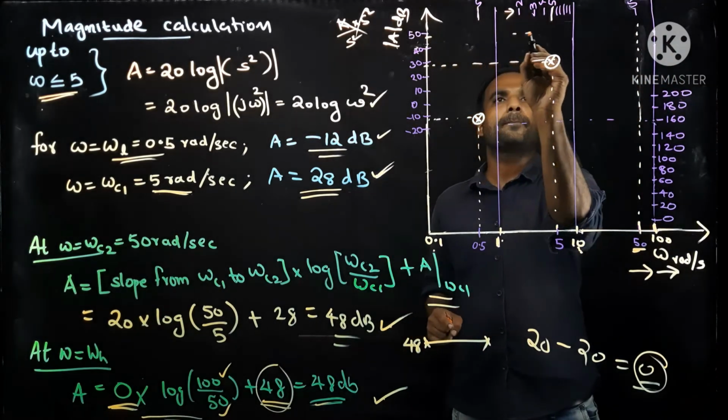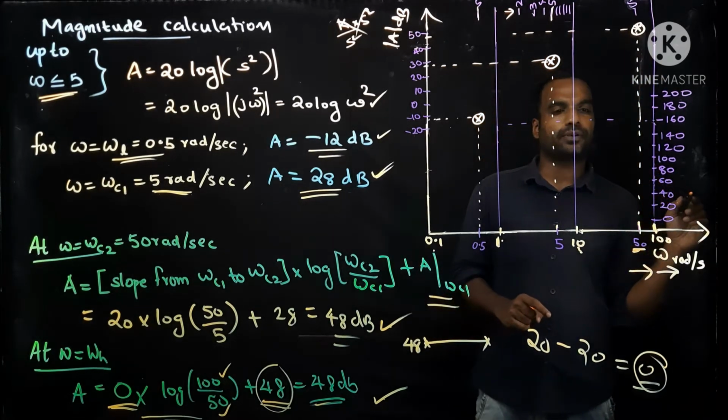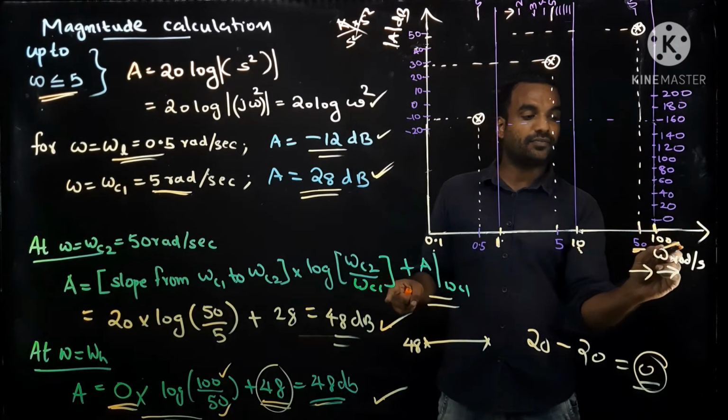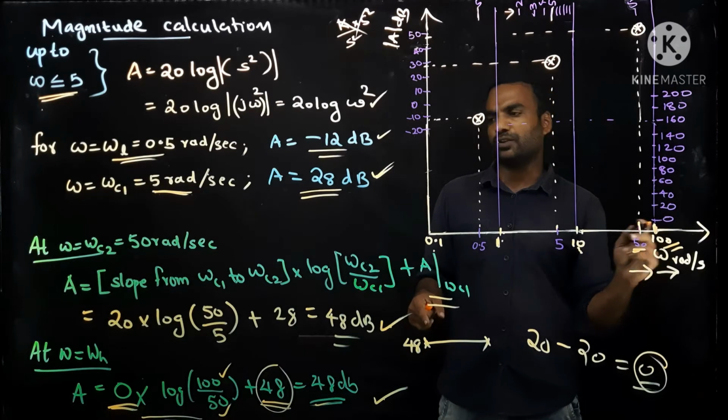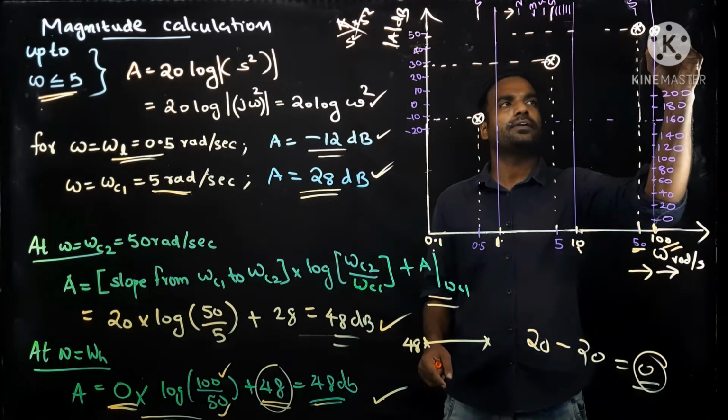Here it is. And then omega at least 100, very close to this point. These two points are very close. So at 100 also gain is equal to 48 dB.